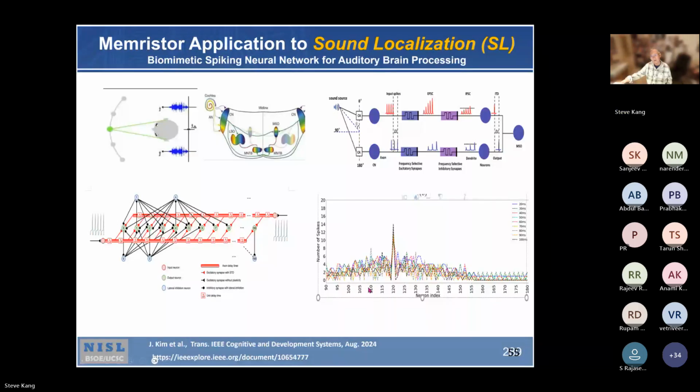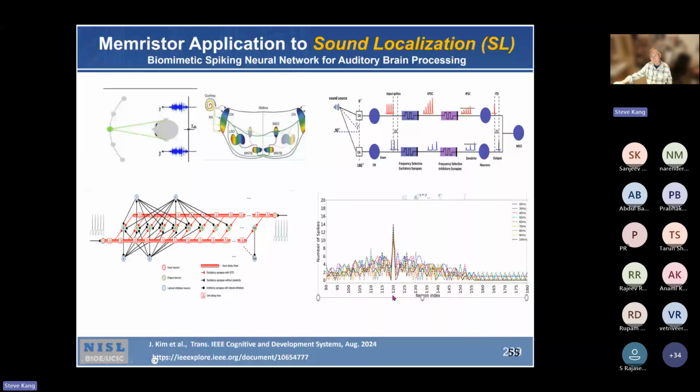So in this particular case, you see after all this simulation result, there is some noise, but there is a significant peak here. That indicates that the sound source is 100 degrees, 120 degrees. So there are about 180 neurons in this particular case to cover this.